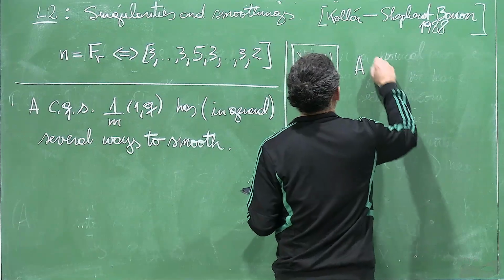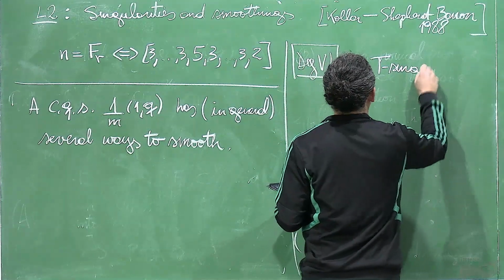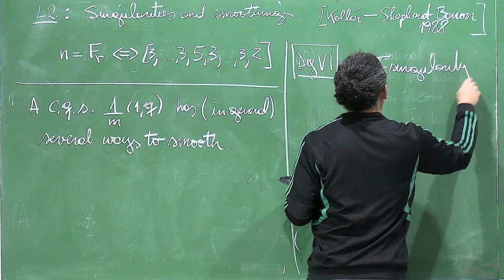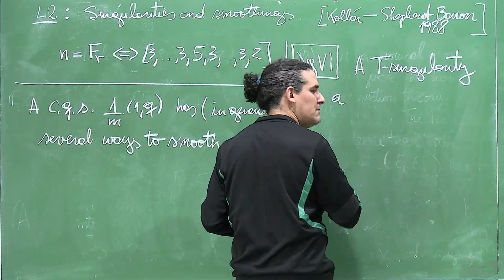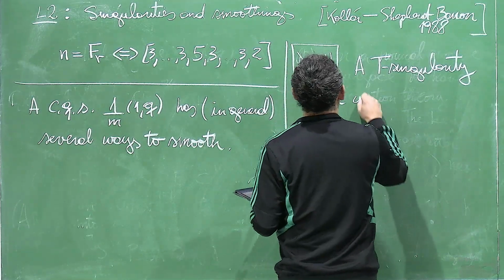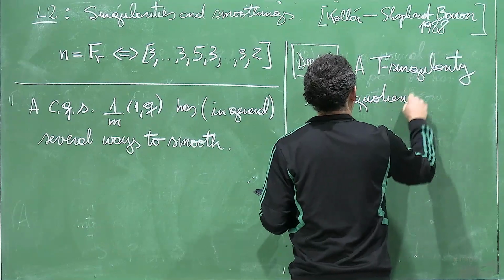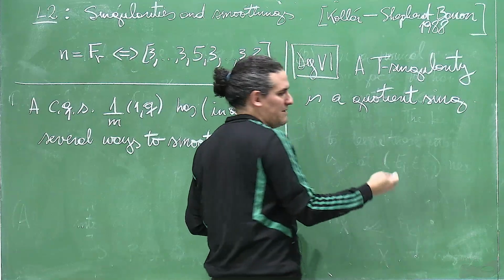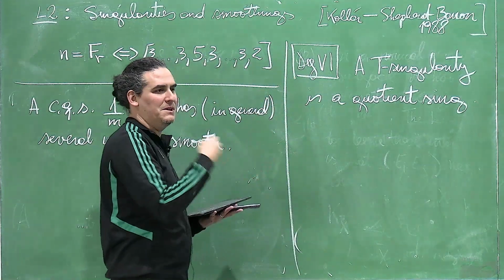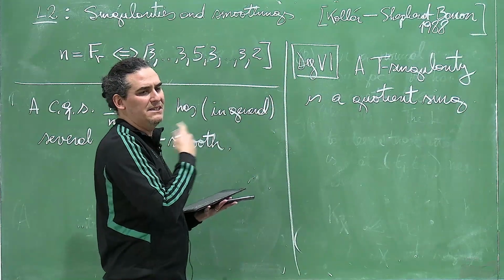So a T-singularity is a quotient singularity. Quotient singularity means the same as before, but with any finite group. And there is a classification of them.